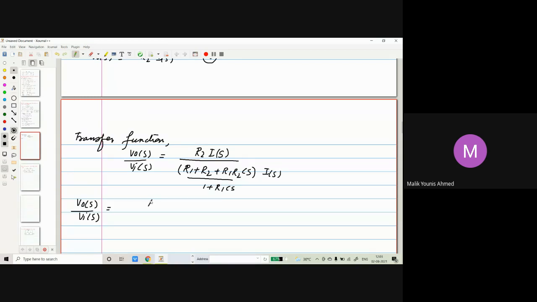So the transfer function can be further written as R2, the denominator getting multiplied, that is 1 plus R1CS, divided by R1 plus R2 plus R1 R2 C S. We can further simplify it by multiplying.